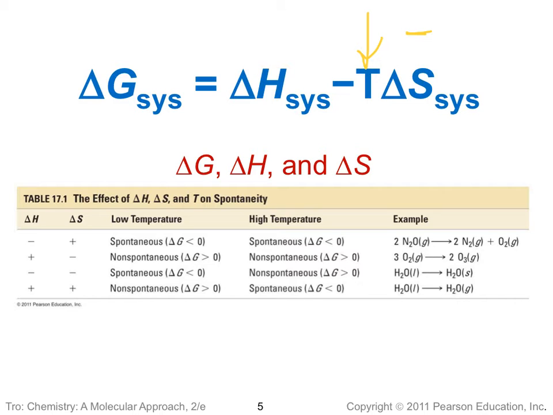And then finally, the last one, where delta H is now the positive factor and the positive from S returns a negative, and so as temperature goes up, it's going to be spontaneous.